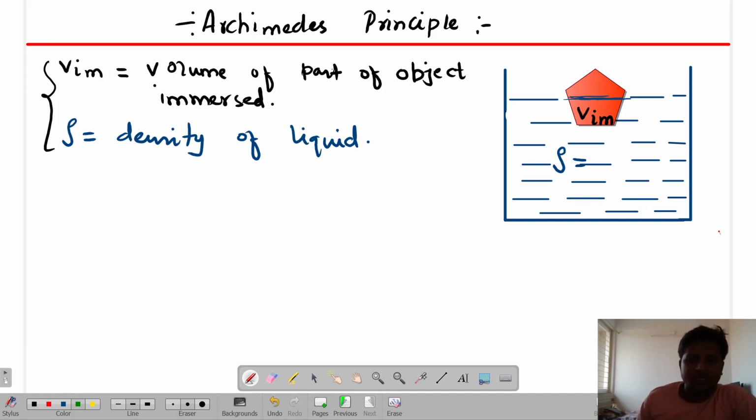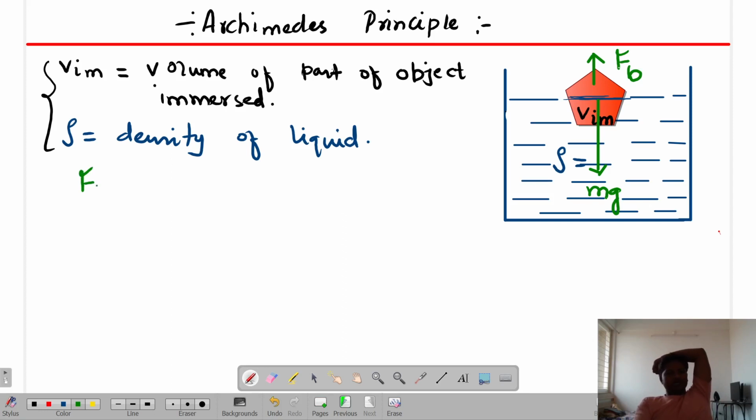And based upon this, as this body is floating, try to understand, the body weight is downwards, the full body weight is downwards, but it is not going down, which means some force is acting upwards, and he gave that force the name buoyancy force. FB is called the force of buoyancy.